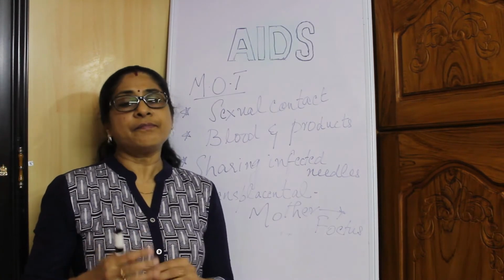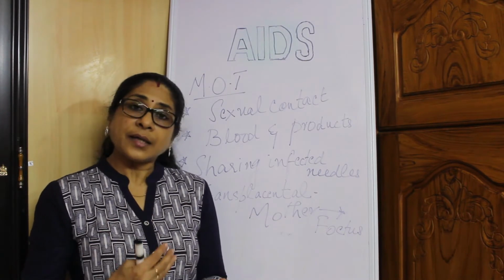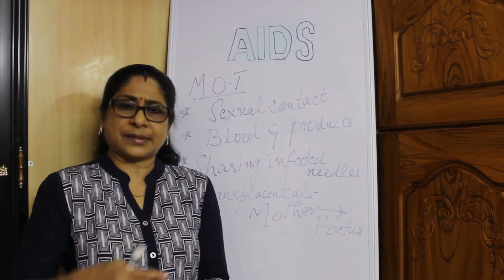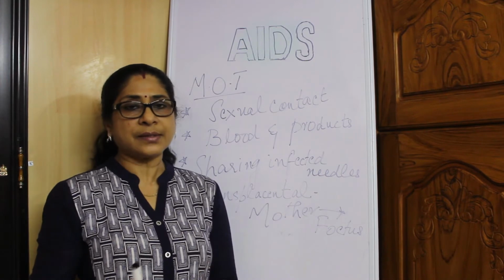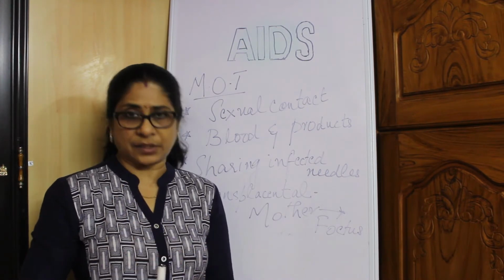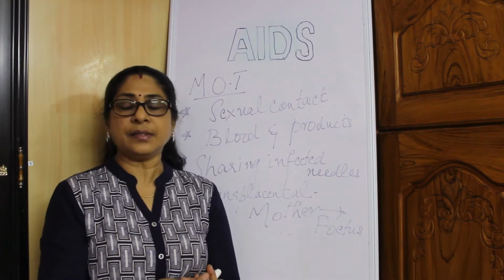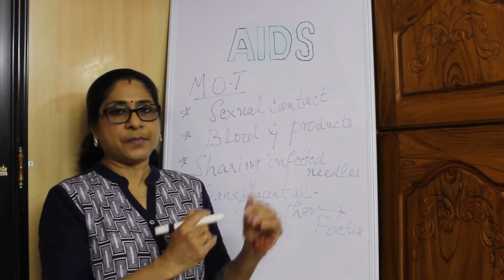However, if blood is not screened before transfusion, and if the blood is contaminated, either blood or blood products like plasma, serum, whatever it is, and it is transfused to a healthy person, there are chances for the disease to spread to a healthy person.